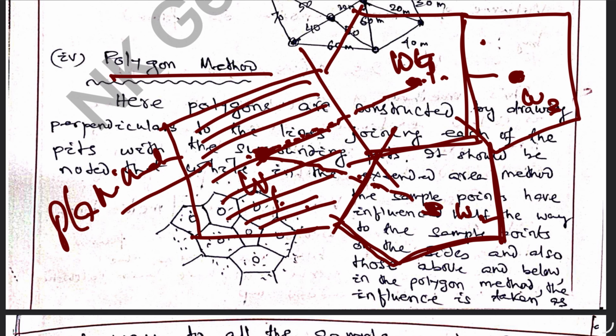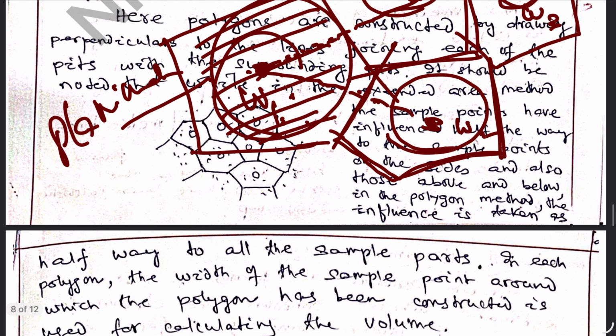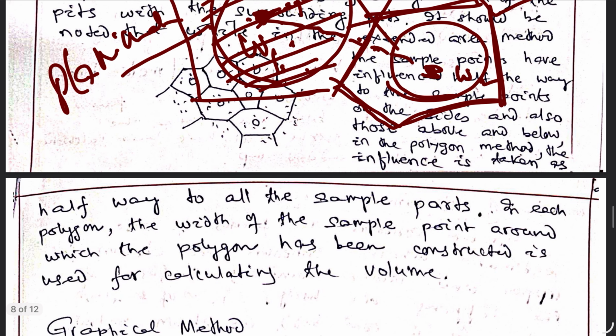It is multiplied with the width to give the volume of this block. Similarly, the volume of each block is found out, and all the blocks are added up to give the total volume. Once volume is determined, the tonnage can be found out by multiplying it with the specific gravity. So this is the way how the polygons operate.